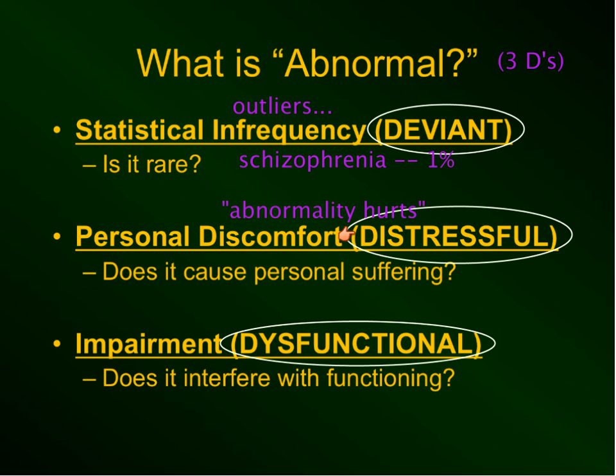The person with major depression is in distress. They don't wake up in the morning saying, oh, awesome, I still feel so terrible that I can't get out of bed today. Okay? So there is suffering, there is hurt, there is distress. That's a key part here for defining what we call abnormal behavior.